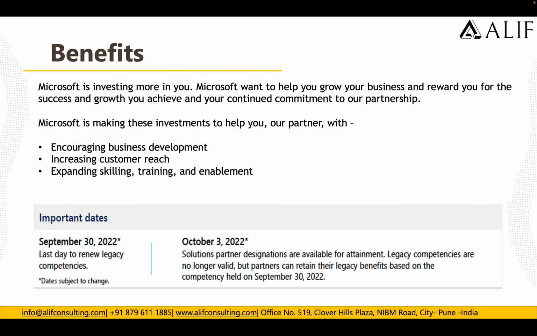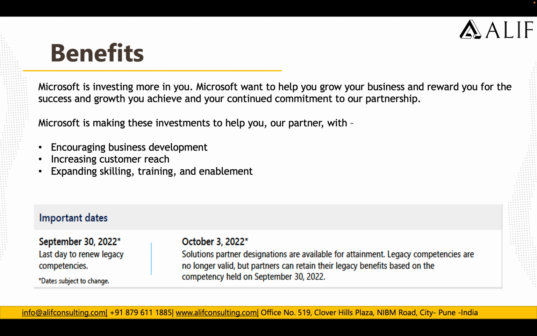Apart from that, there are important dates which you need to keep in mind. If you really want to continue with your legacy competency for the next 1 year, you need to renew your legacy competency before 30th September 2022. Else, on October 3rd, 2022, Microsoft is going to introduce solution partner designations, and the legacy competencies are no longer valid.